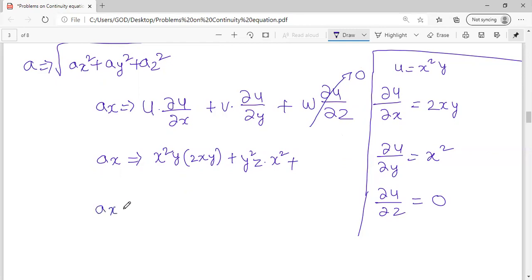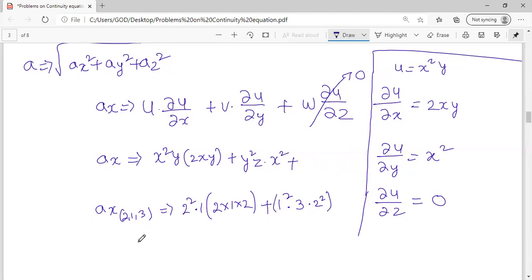Then the acceleration along x at the point (2, 1, 3), because the question is given at 2, 1, 3, comes out to be 2 square into 1 multiplied by 2 into 1 into 2, plus y square, which is 1 square, into z, which is 3, into x square, which is 2 square.